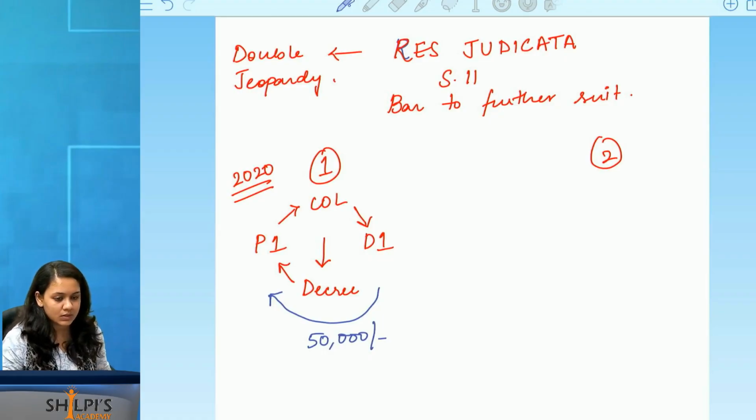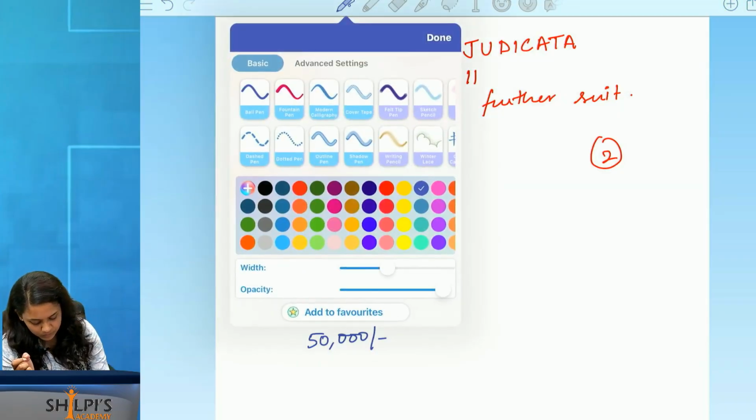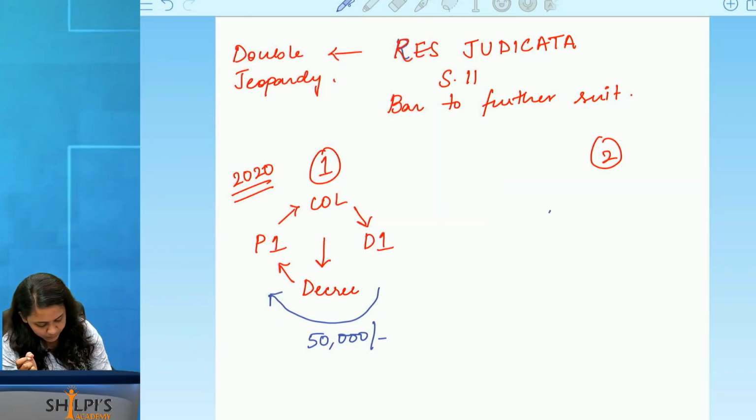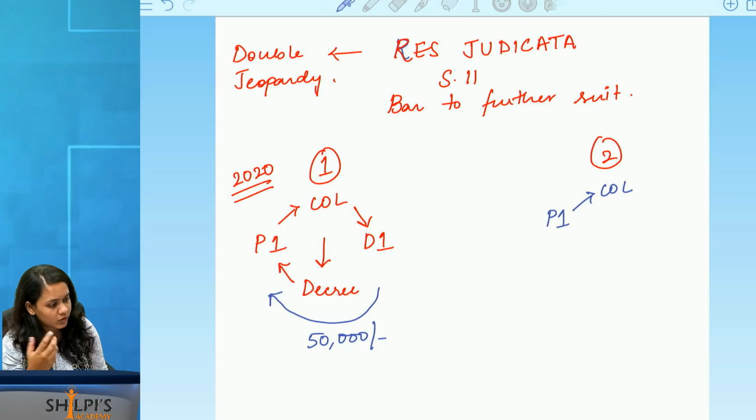Now, can I say that this is a punishment which has been given to him? It has been finally decided, decree is given and he has been punished. Now, the same plaintiff approaches the same court of law or even a different court of law, that is not the matter here, against the defendant, punishing him for the same cause of action.